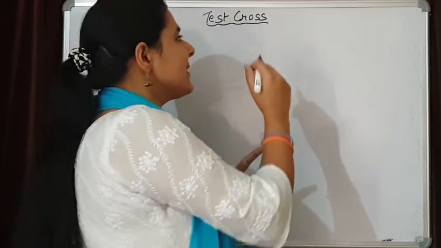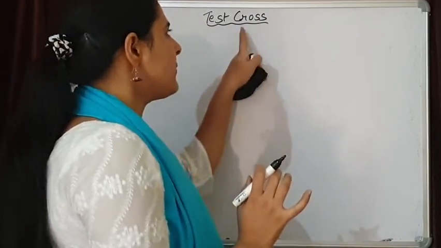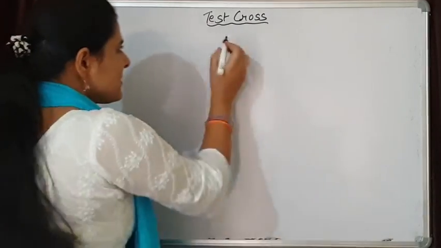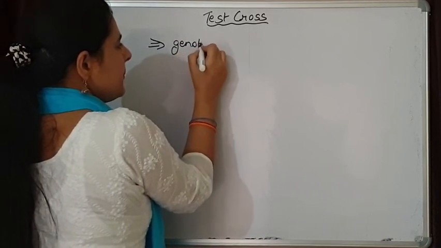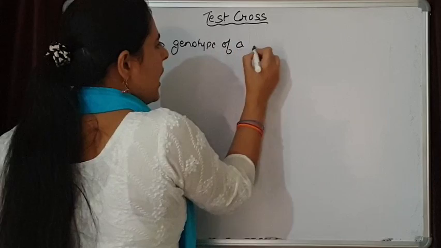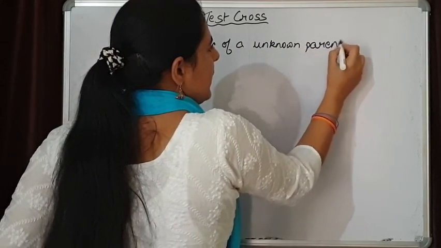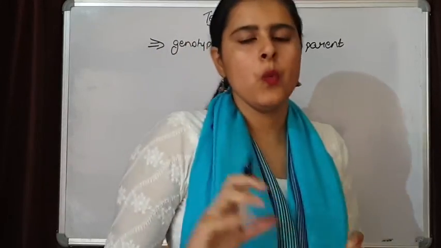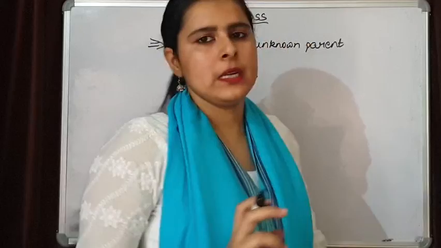We are going to detect the genotype of an unknown parent with the help of test cross. So test cross is simply done to find out the genotype of an unknown parent. It means if we want to know the genotype of a parent, we have to perform a test cross.